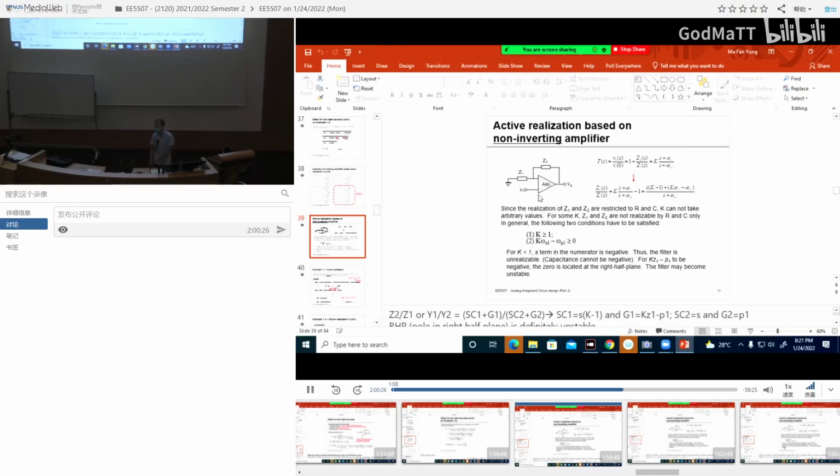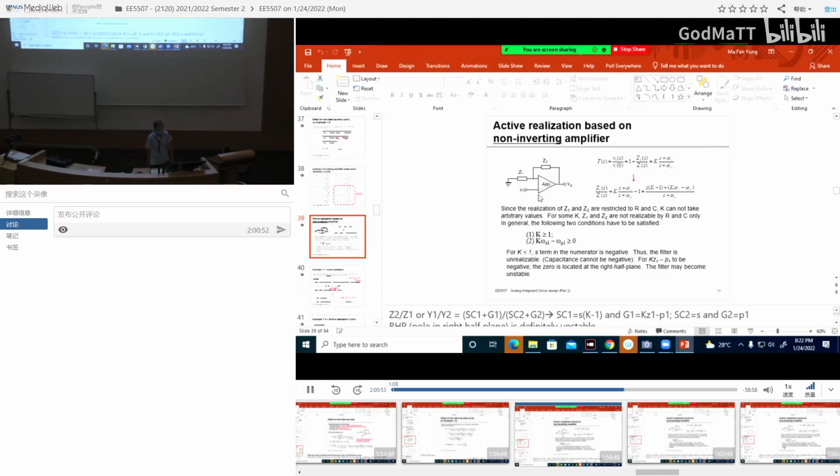If you connect wrongly and you get positive feedback, your circuit will not work. Either it will just saturate to the power supply or ground, or if you're lucky, it will oscillate, become like a clock, high low. Sometimes designers connect wrongly and instead of an amplifier, they get a clock circuit.